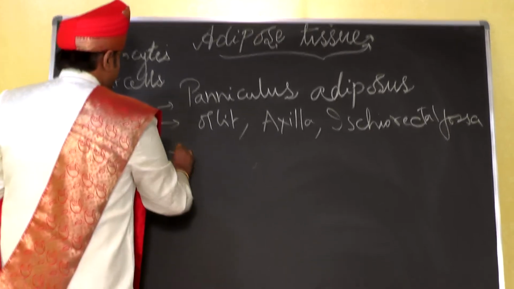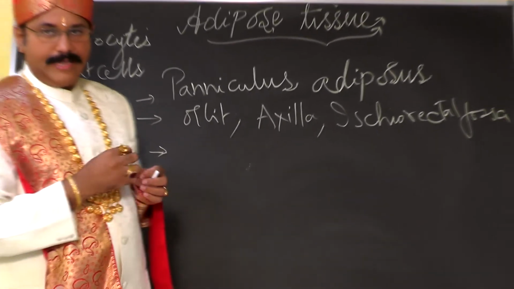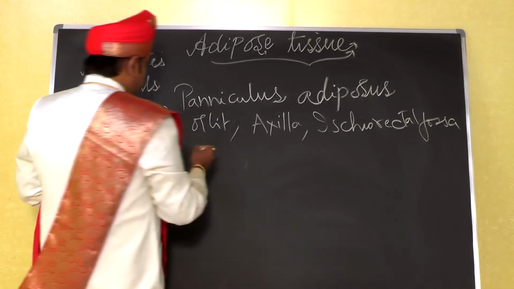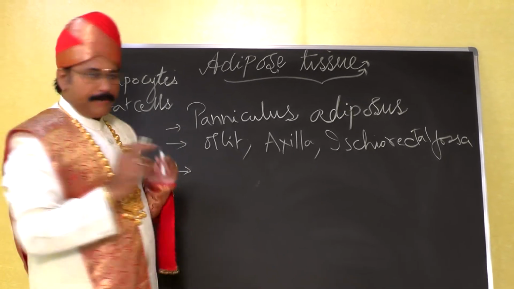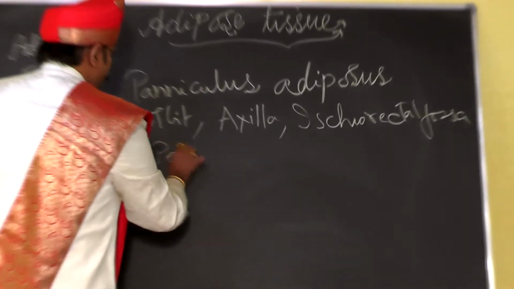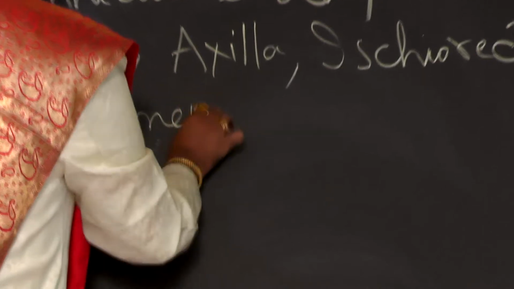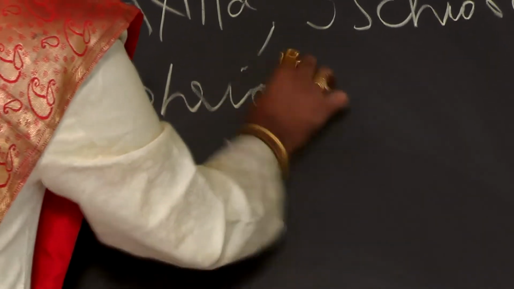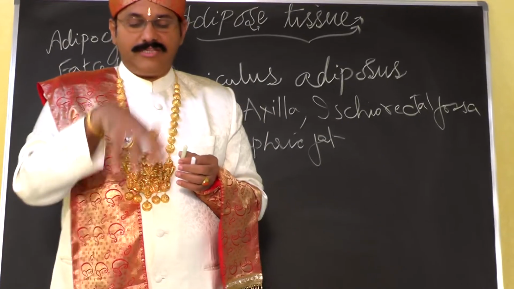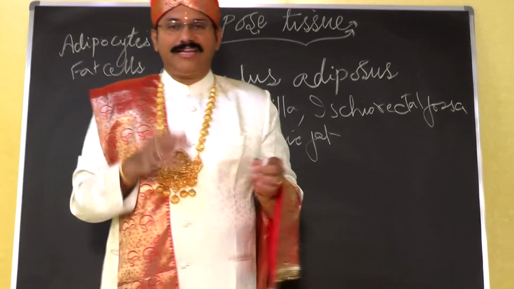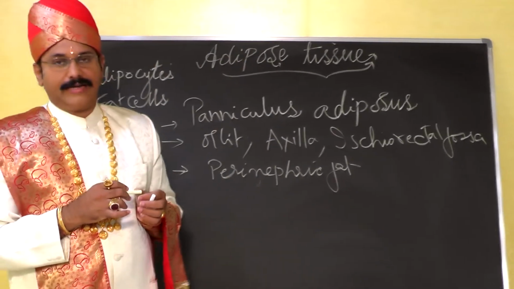Also, the adipose tissue is present in the abdomen, especially around the kidney. Around the kidney there is fat present, and that fat is called perinephric fat. The fat forms a cushion or seat on which the kidney is located. That is what you call perinephric fat.